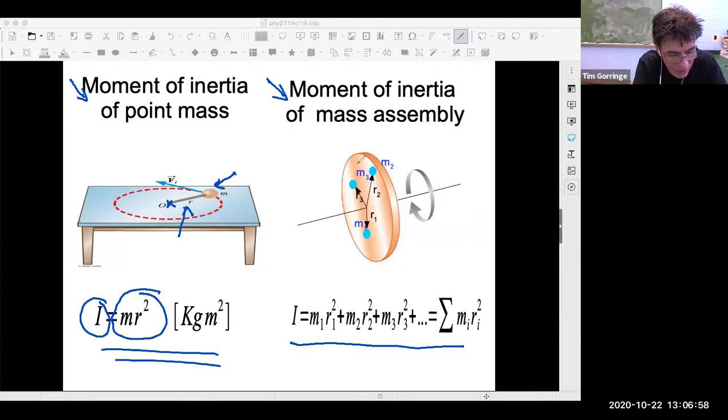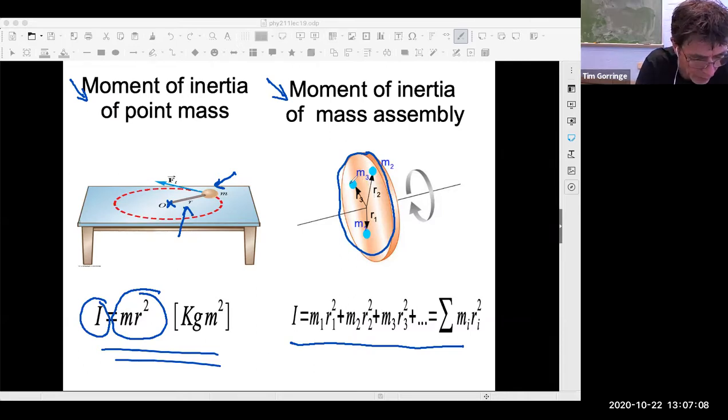I'm imagining a disk, and I'm going to imagine that I break up that disk into lots of little pieces. So there's one piece down here. I'm going to call its mass m1 and its position r1 from the axis of rotation. There's a second piece here.